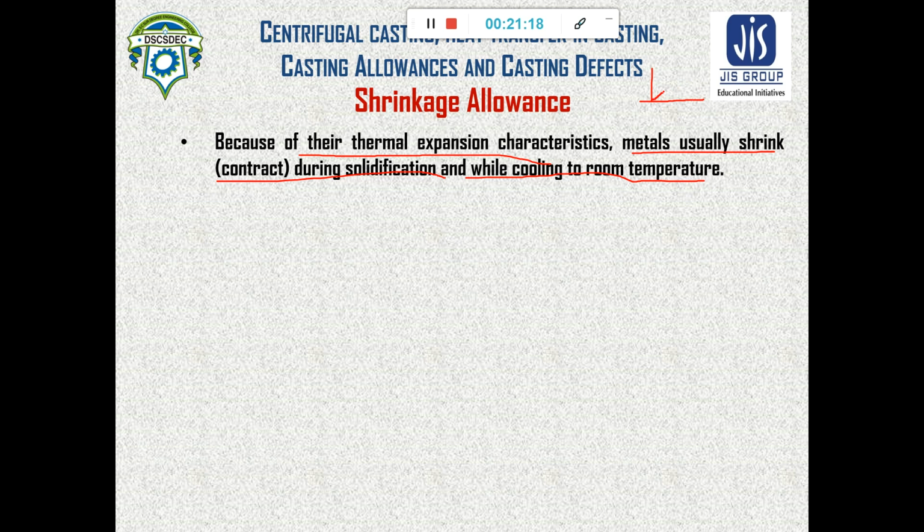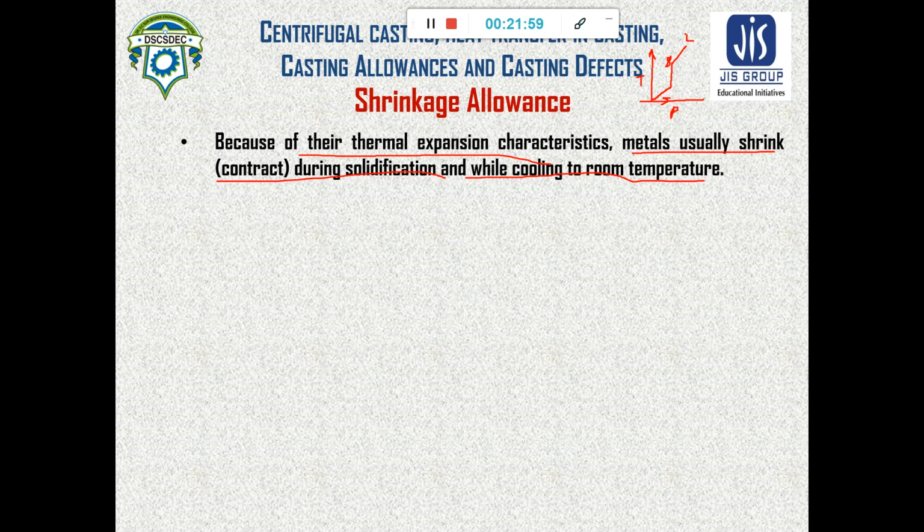In the first lecture we have seen that if this is the temperature and this is the specific density, then from the liquid state, this state is solid state, and this is the solidification or transition state. From here to here the specific density is reduced.